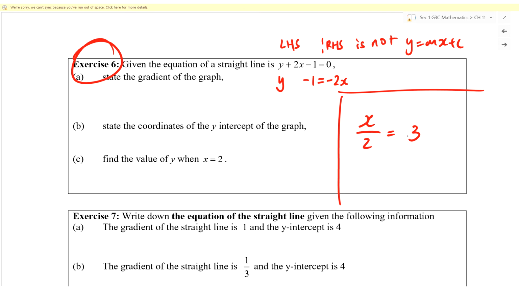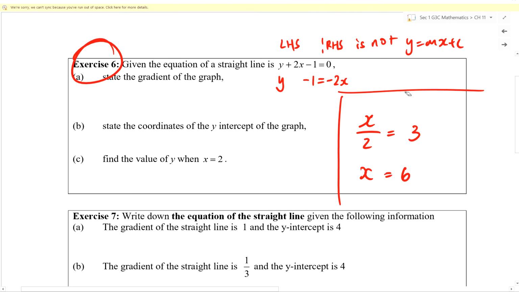Am I supposed to bring it over and change the sign? If I want the x value, should you minus or plus and then change sign? I don't know. So what we should be saying is that I multiply by 2 on both sides to give me 6. Whatever you do on one side, you do on the other side.